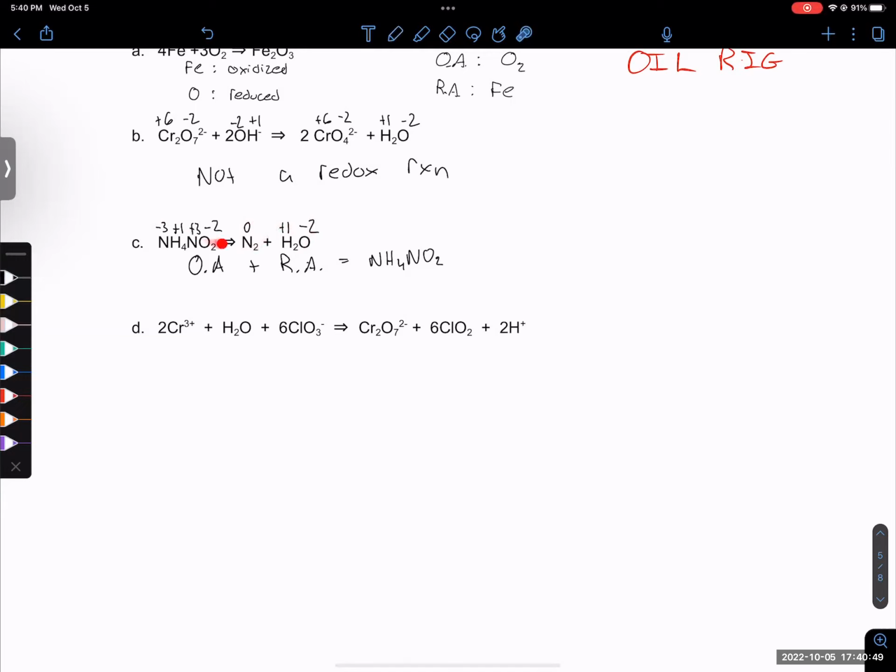I don't think they would give you a reaction like this and then say the reaction is wrong. So just go by the numbers. If the numbers change, you can see that it's a redox reaction. So it doesn't have to do with the fact that it's soluble.